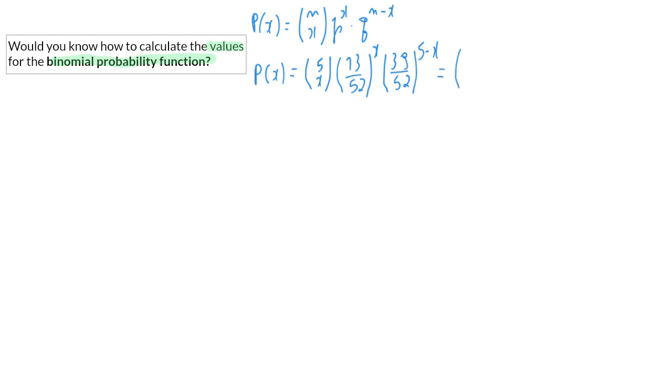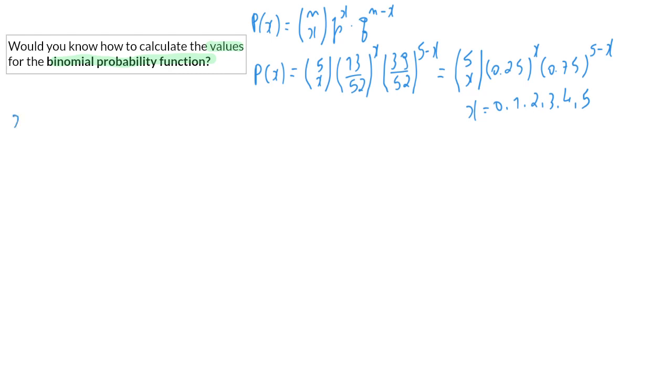equals the binomial coefficient times 0.25 to the power of x times 0.75 to the power of 5 minus x, for x equals 0, 1, 2, 3, 4, and 5. Now we are going to substitute the values of x into the formula.